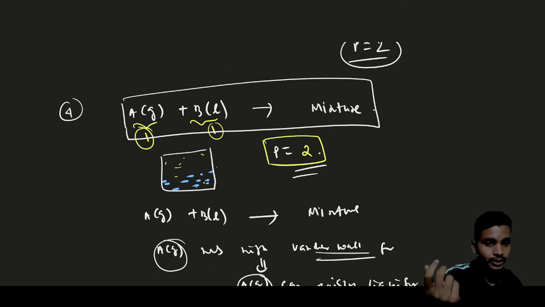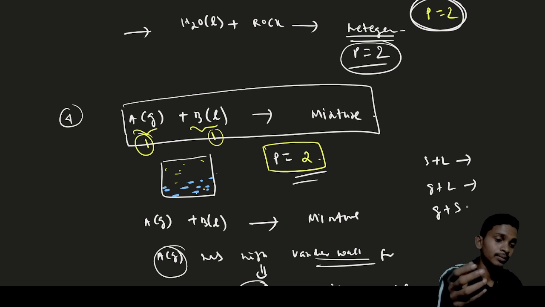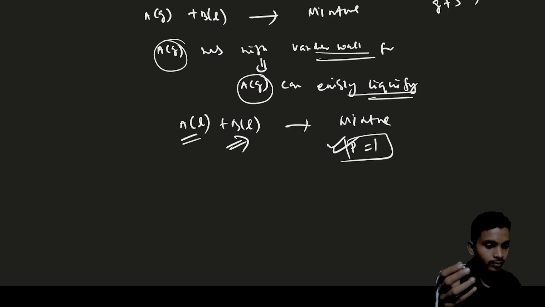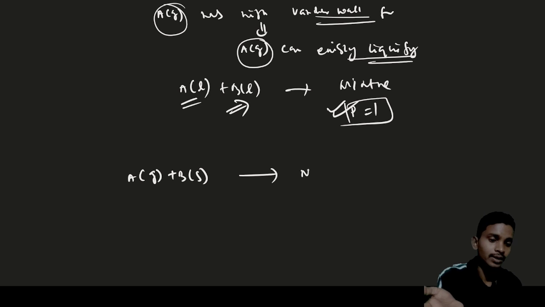Okay, so we saw what happens if we add solid plus liquid, and gas plus liquid, and the third case, if we add gas plus solid, then what will happen? So I'll say A gas plus B solid. Then these cannot be mixed, means that they are not mixable.